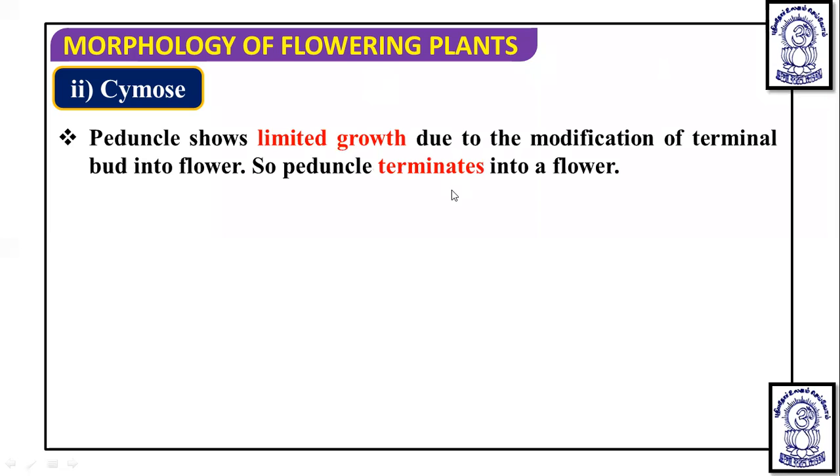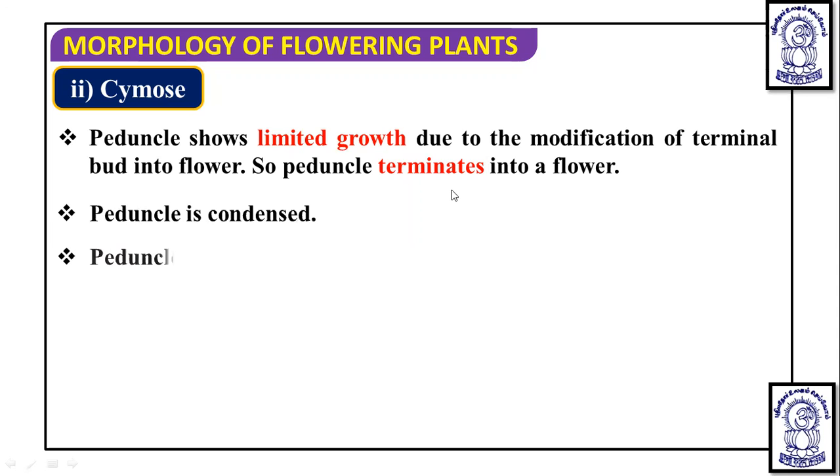Because the terminal bud converts into the flower. But in the case of racemose, what we have studied, the terminal apex or growing point keeps growing without terminating into a flower. But here, the growing point is going to terminate into the flower, so the peduncle will have limited growth, and the peduncle terminates into the flower.